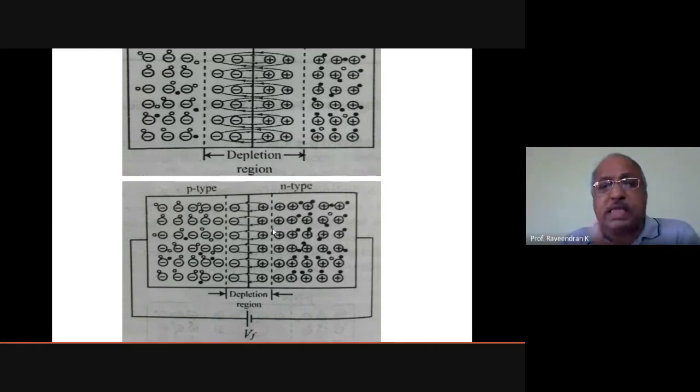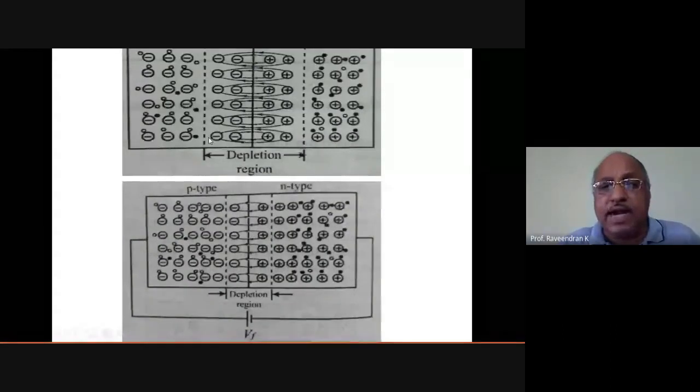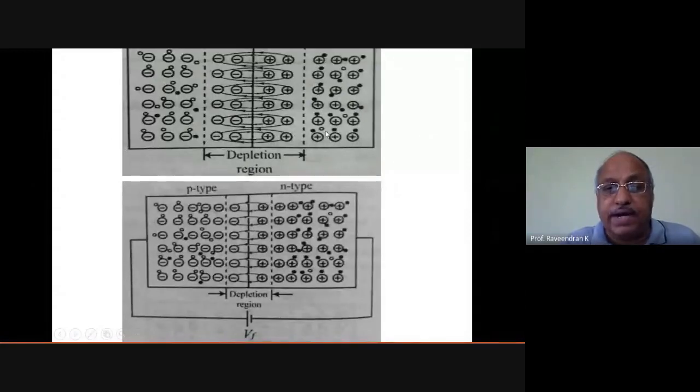When no voltage is applied, the depletion region is very wide. But when the voltage is applied, some of the holes gain more energy, cross this junction and recombine with the electrons in the n-type material, and some of the electrons here also recombine with the holes, so that an electron hole recombination takes place, and that actually makes the depletion region reduced.